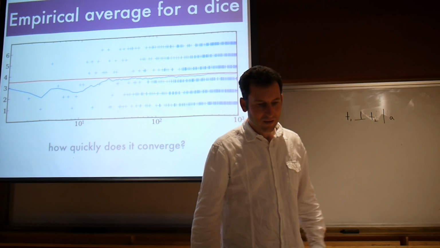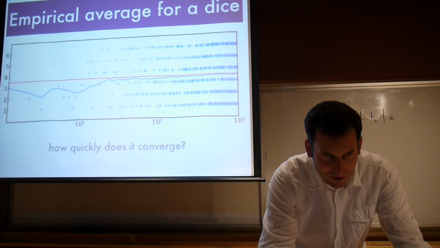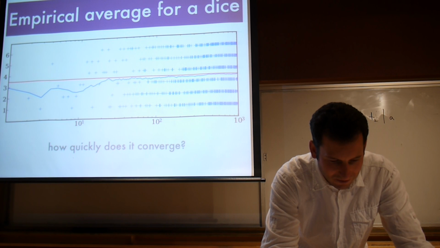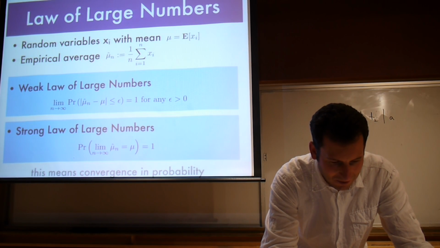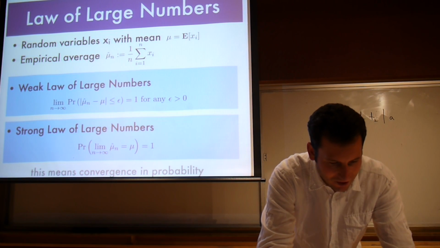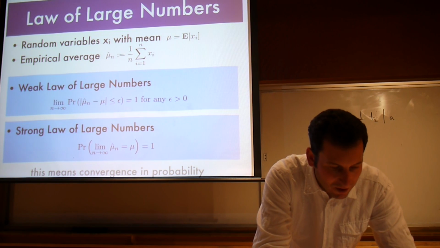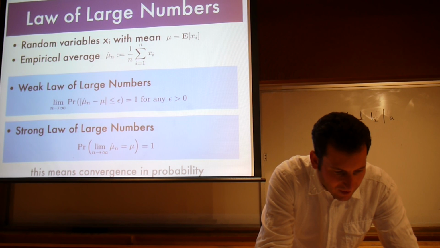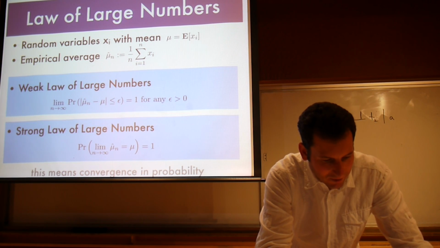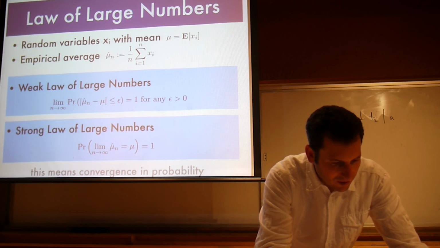So the obvious question is, under which conditions does it converge? The theory for that, the very basic one, is the laws of large numbers, and then the central limit theorem. We're actually going to prove those. Let's say we have a random variable x_i with mean mu, and I take the empirical average.